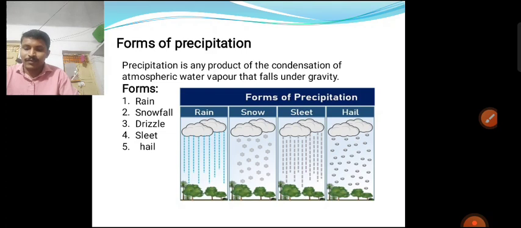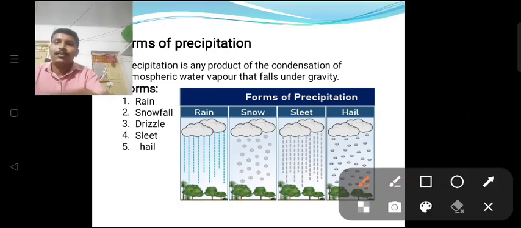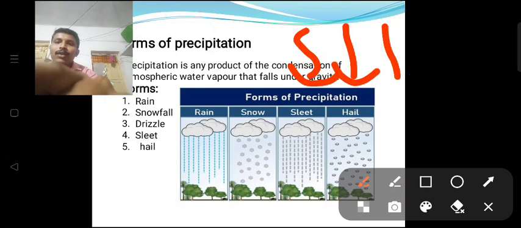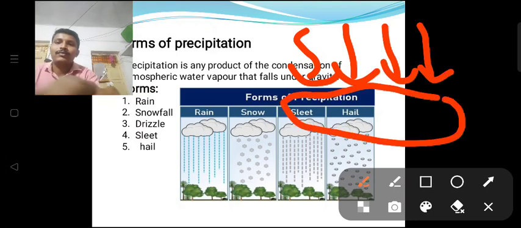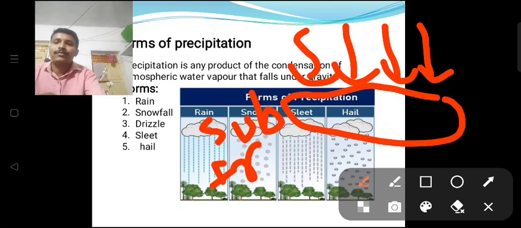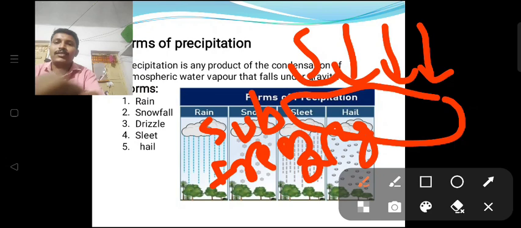Then sleet. It is frozen raindrops cooled to the ice stage while falling through the air at sub-freezing temperatures. Sleet means the rainfall falling from the atmosphere, and when it reaches the earth, the air is at sub-freezing or frozen temperatures.